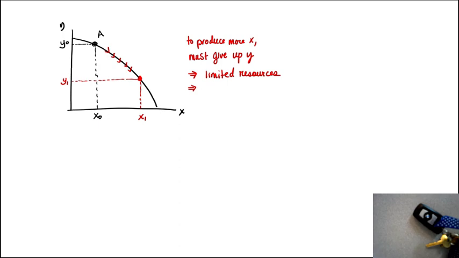Do I have any extra resources sitting around that I can just put towards more X? No. So along the PPF, what do we know about resources? They're all being used, right? All resources are being employed on the PPF.